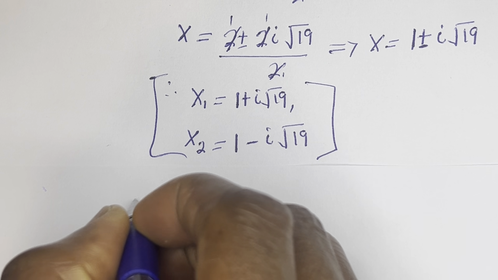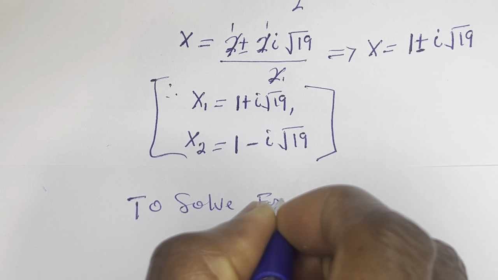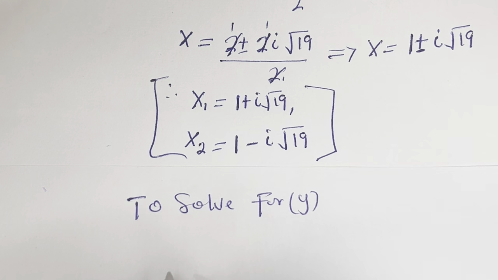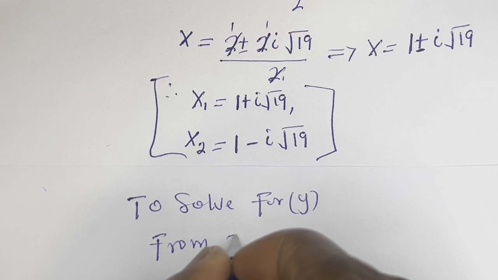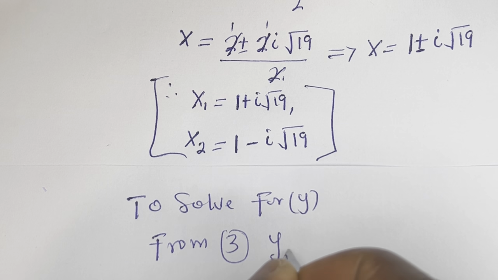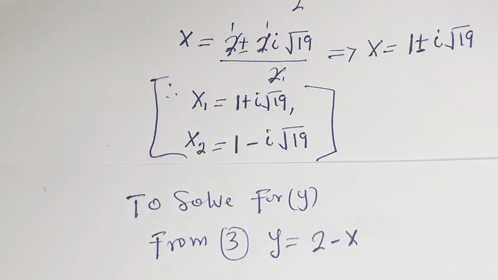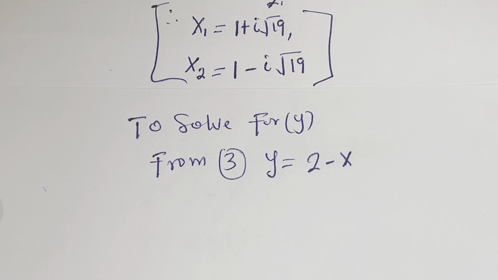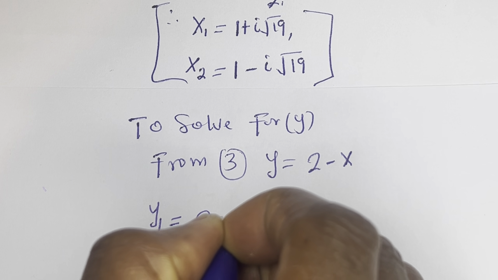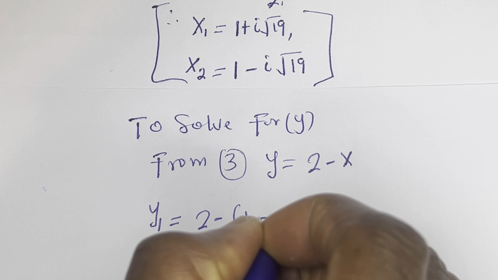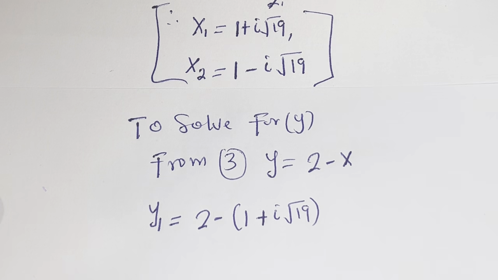Let's solve for y. To solve for y, from equation 3, y is equal to 2 minus x. y1 is equal to 2 minus x1, which is 1 plus i square root of 19.